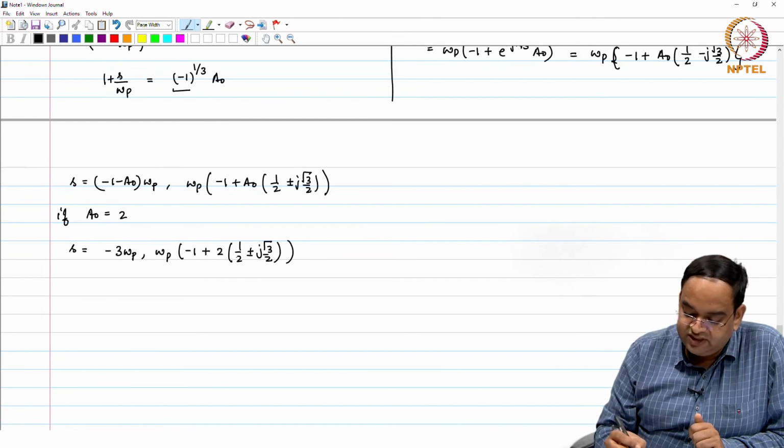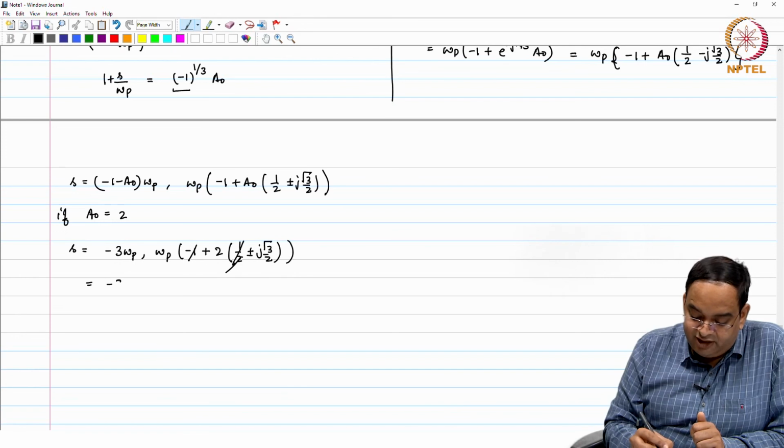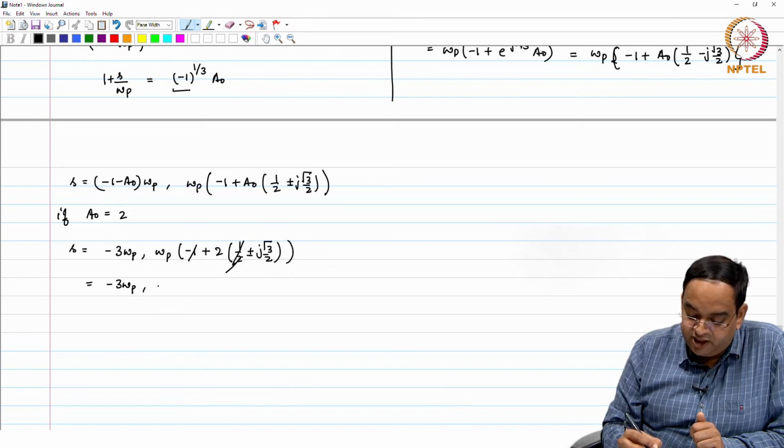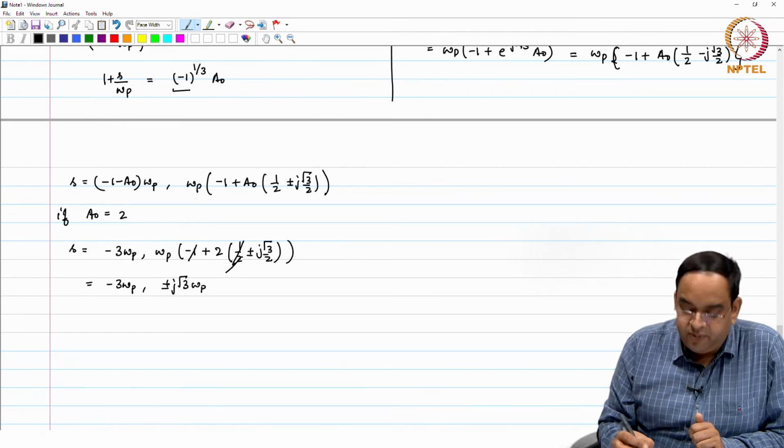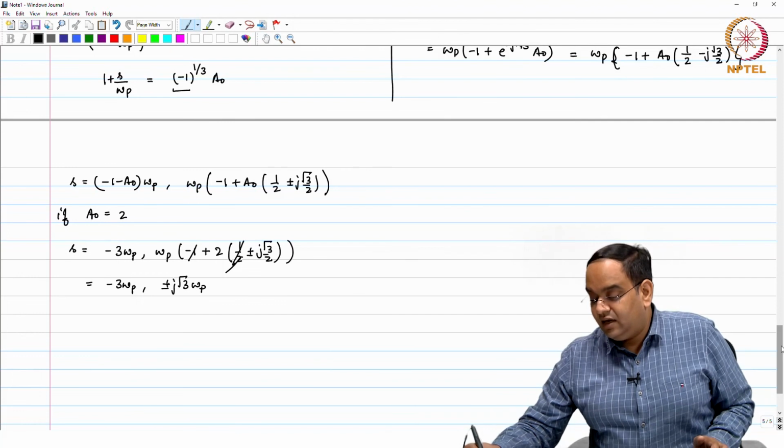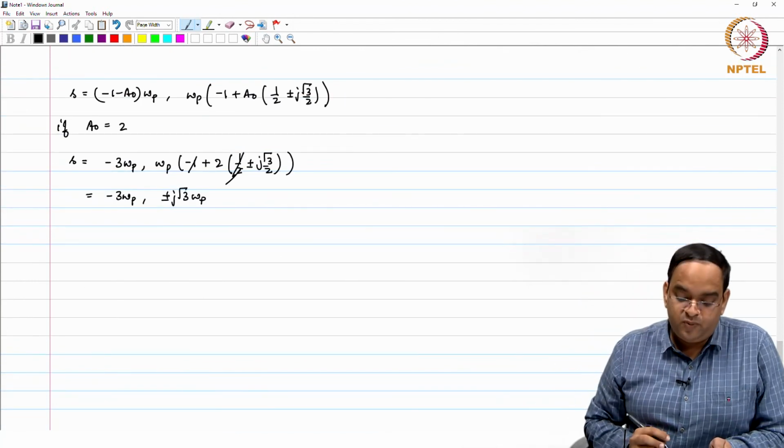So, minus 1 plus 2 into half, this goes away, sorry, this part and this part cancel out. So, what you have is your roots are minus 3 omega p and plus minus j root 3 omega p. These are the other two poles.